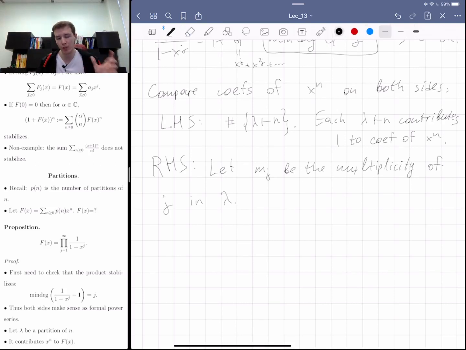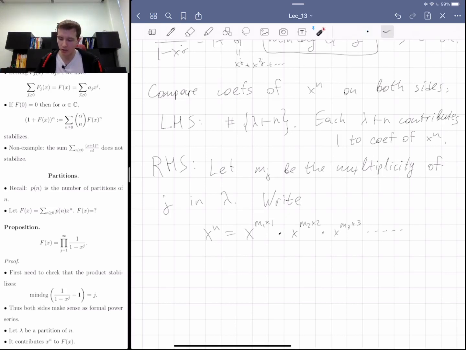So it's the number of parts of lambda which are equal to j. That's m sub j. Then I can write x to the n as x to the m1 times 1, times x to the m2 times 2, times x to the m3 times 3, etc.